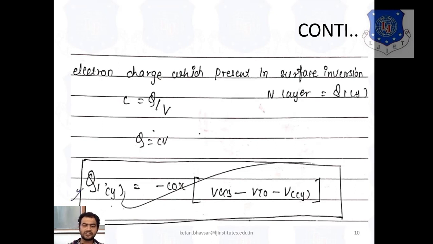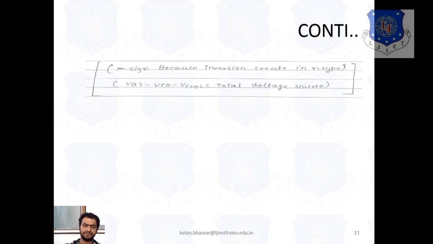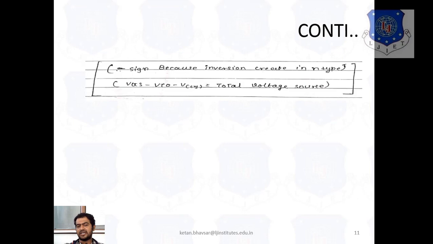In this situation, Vc of y represents y equal to 0 to y equal to L, and Cox represents the charge content available in a surface inversion. So VGS minus VTO minus Vc of y is the total source voltage that we have.